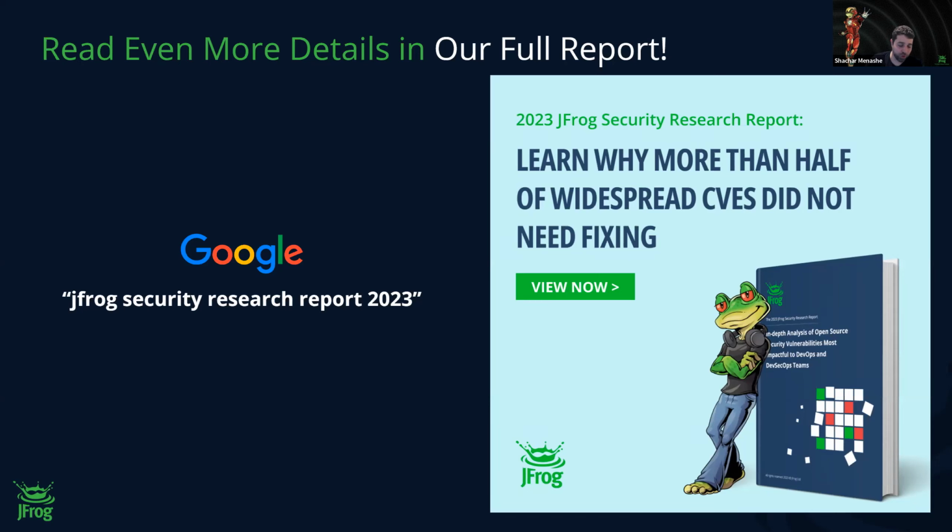The full report is very easily accessible. You just write in Google JFrog Security Research Report 2023, and it will be the first result. There you can see even more actionable ways to find which CVEs you can focus on and which CVEs you shouldn't focus on, even more than what we shared here.